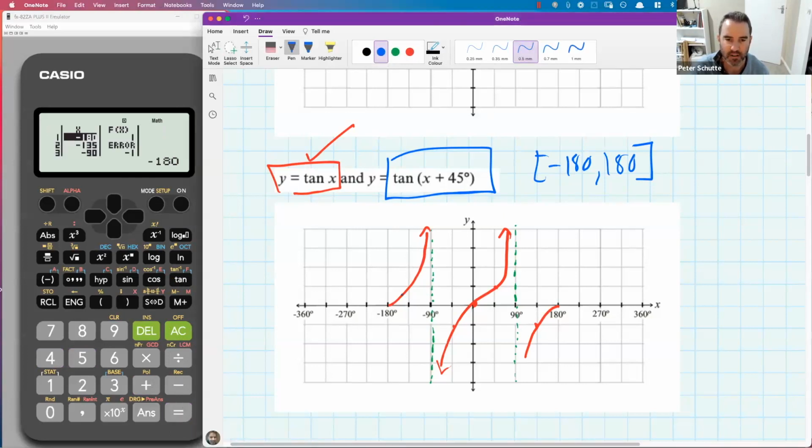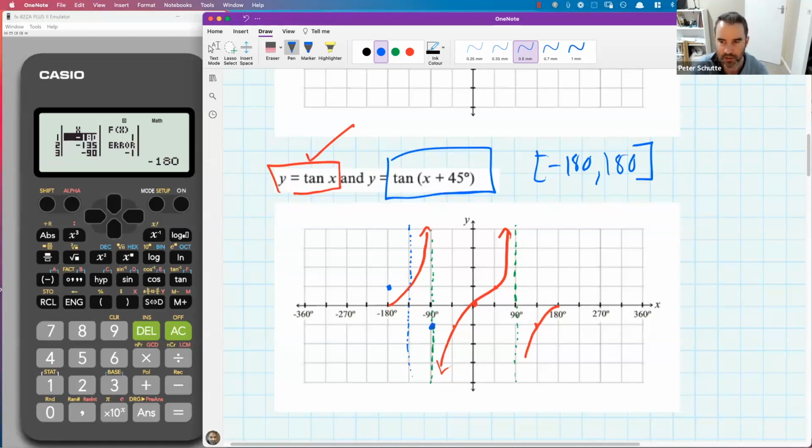And so let me see, minus 180 seems to be at 1. So that's interesting. And then there's an error, which means there's actually an asymptote for the blue one over here. And then at minus 90, I'm at minus 1, which is down here.